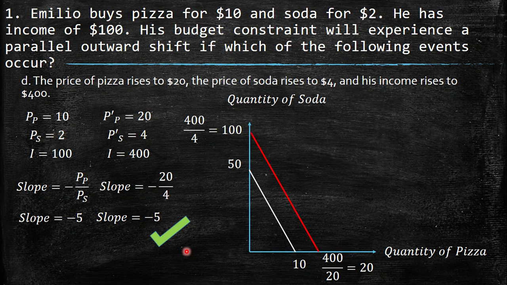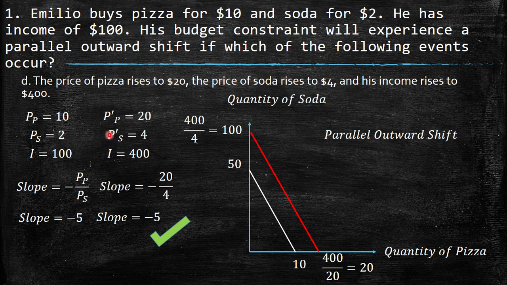Then at the end of the day, this one should be the new budget constraint. So we represent here a parallel outward shift. So this should be the good one. We see here the situation where the prices change proportionally because they were doubled, and at the same time we see an increase of the income, right?